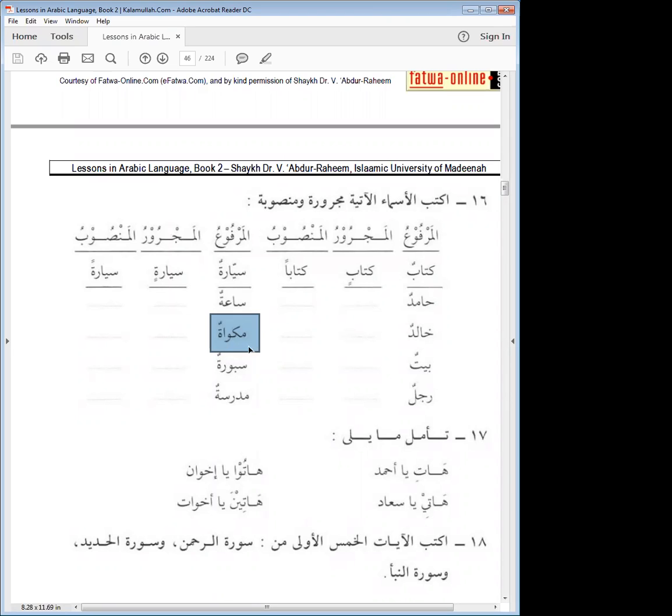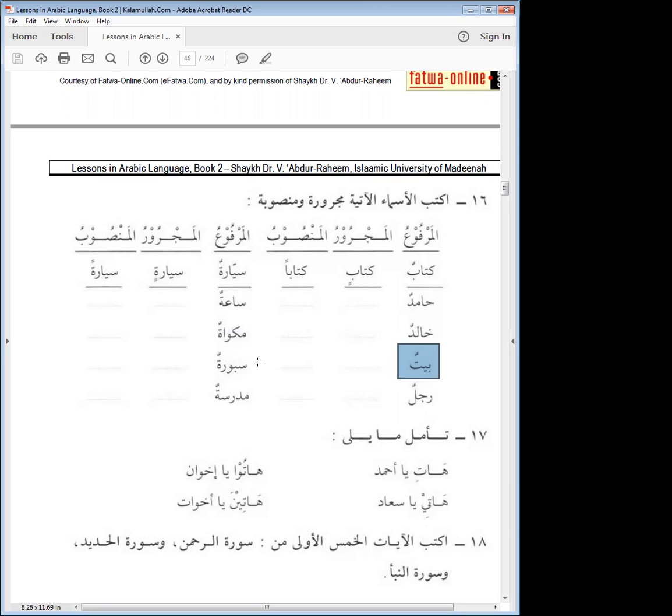Alright, so mikwatun is a marfu'. Majrur will be mikwatin and mansub mikwatan. Now, baitun. Next line, baitun. Majrur will be baitin and mansub baitan.